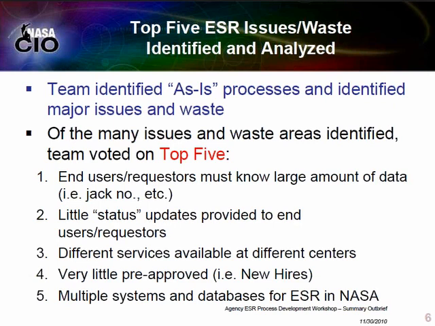I think there are a lot of approvals going on within the environment. We're actually doing a Kaizen next week involving some of the I3P work that's going on and looking at I3P funding in relation to this process as well. So we're looking for consistency, not necessarily everybody doing it individually. And then ultimately we also had multiple systems and databases for enterprise service requests at NASA. So again, if you're looking at consistency across the environment, it just wasn't there currently.